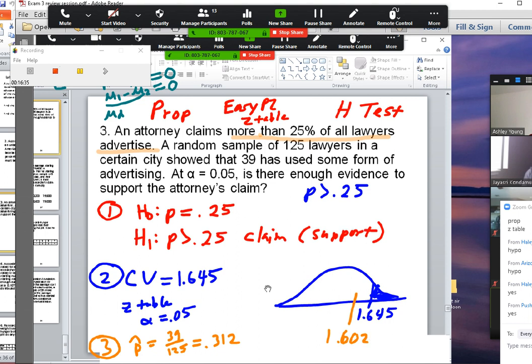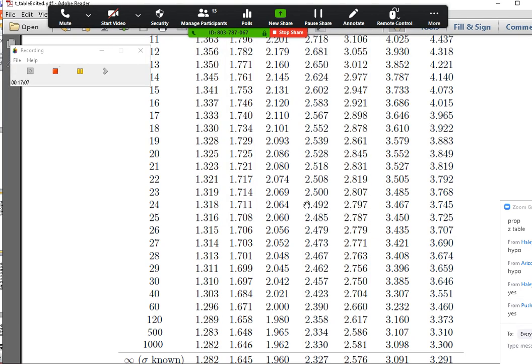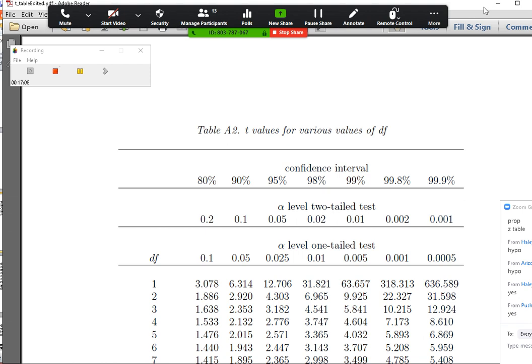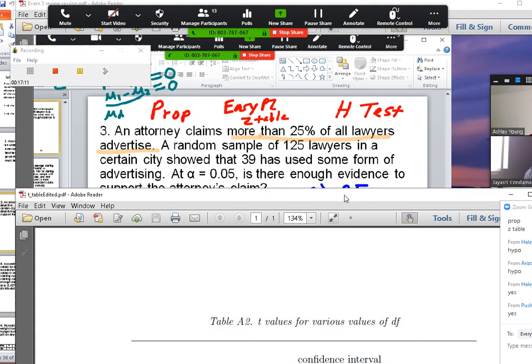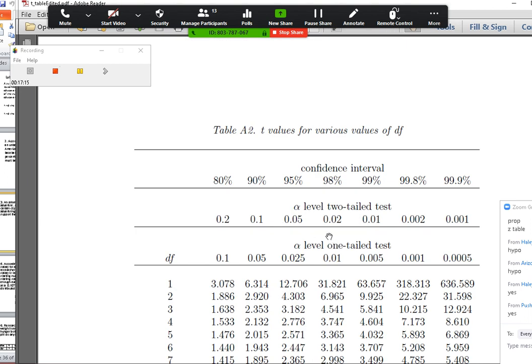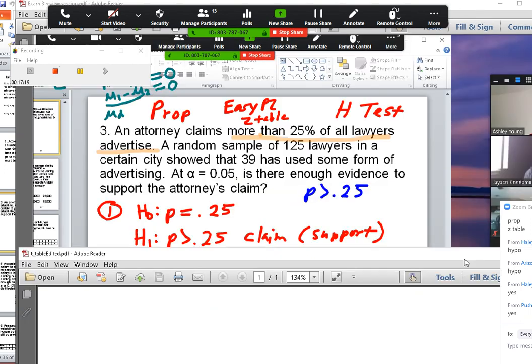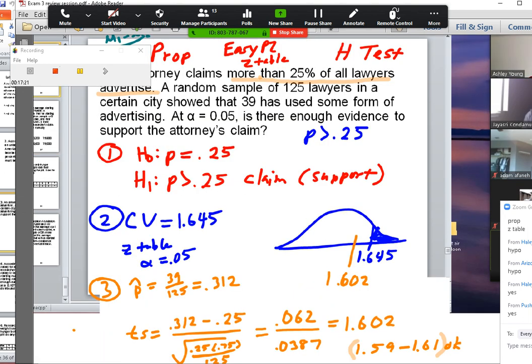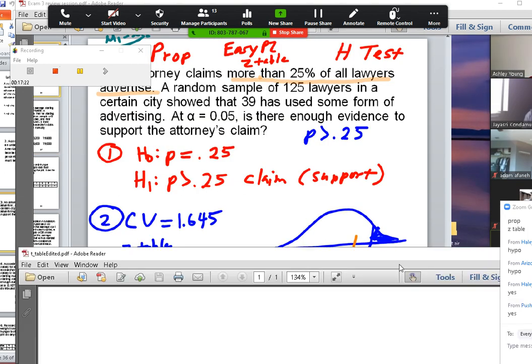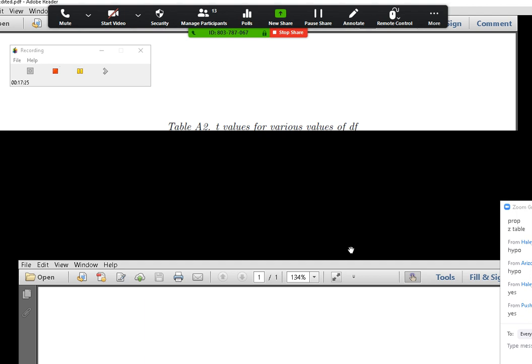And then I'm going to go to my handy dandy t-table. And remember, the very bottom of the t-table is the z-table. And we want alpha's 0.05, one-tailed, because it's more than, so it's right-tailed.